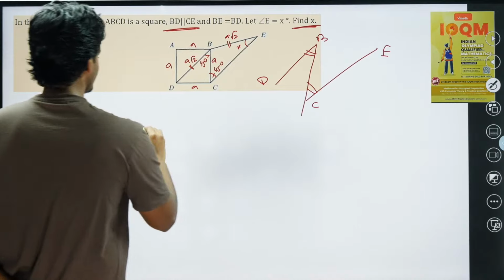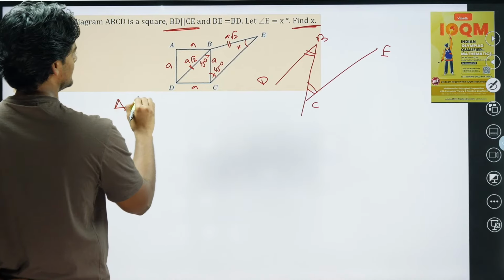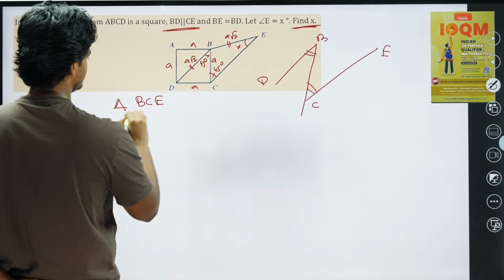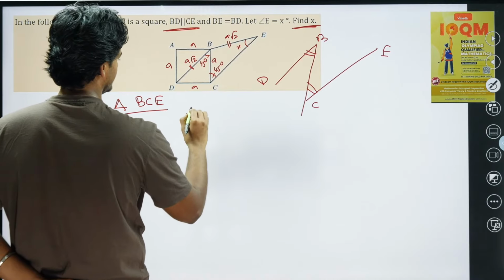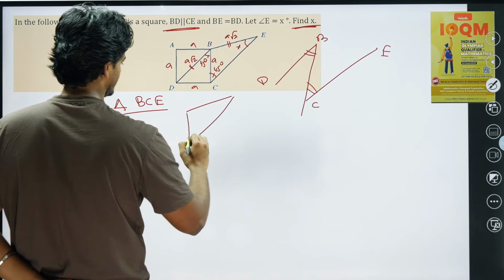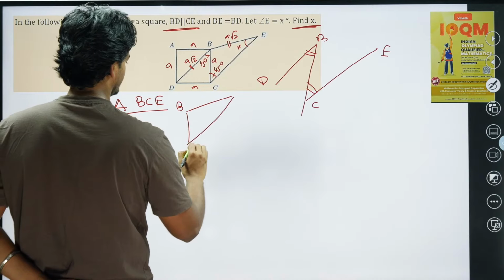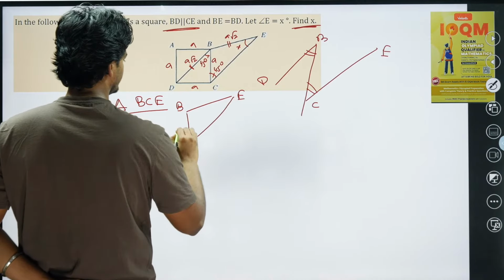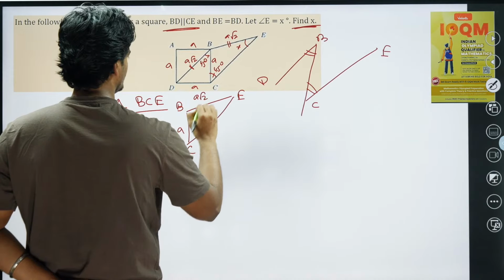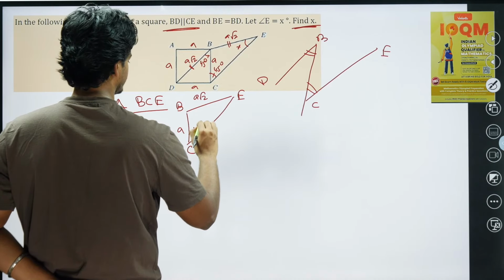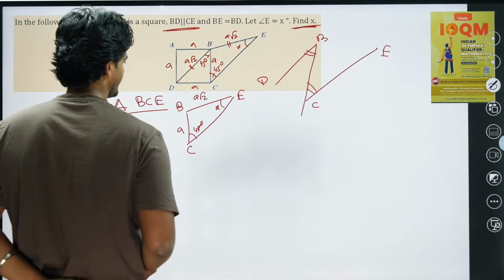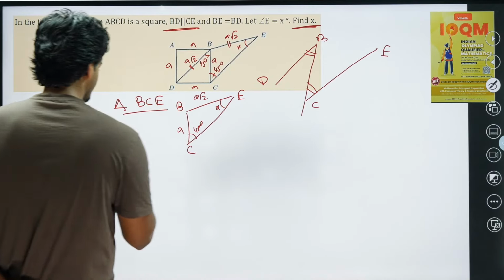So now let us look at triangle BCE. If this is A, this is A root 2, this is 45 degrees, this is X. So now we'll apply sine rule.